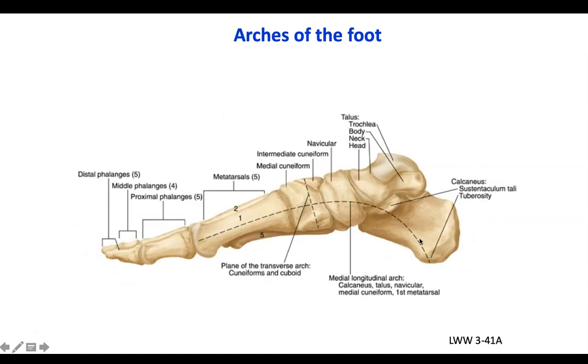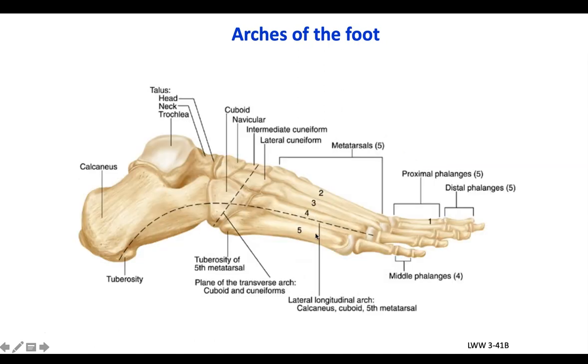The medial longitudinal arch is formed by these bones: the calcaneus, talus, navicular, medial cuneiform, and the first metatarsal bone. This is higher than the lateral longitudinal arch. When we stand on our foot, the lateral longitudinal arch becomes flat. The lateral longitudinal arch is formed by the calcaneus, the cuboid, and the fifth metatarsal bone.